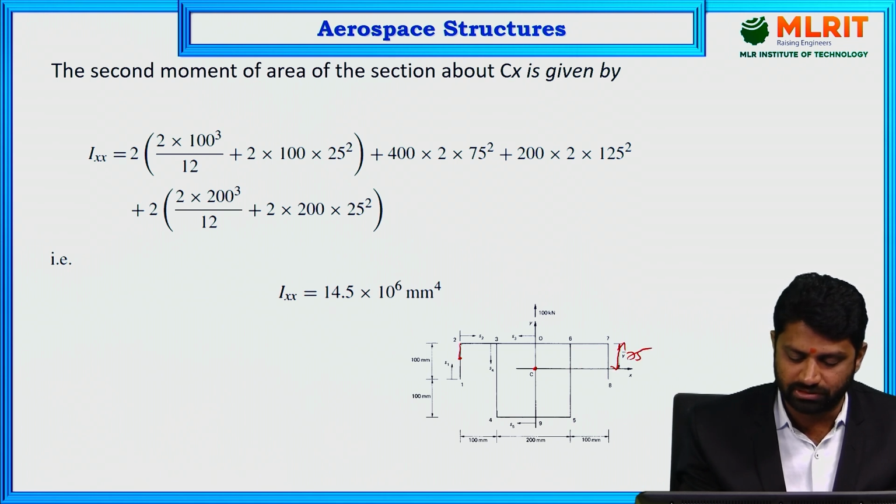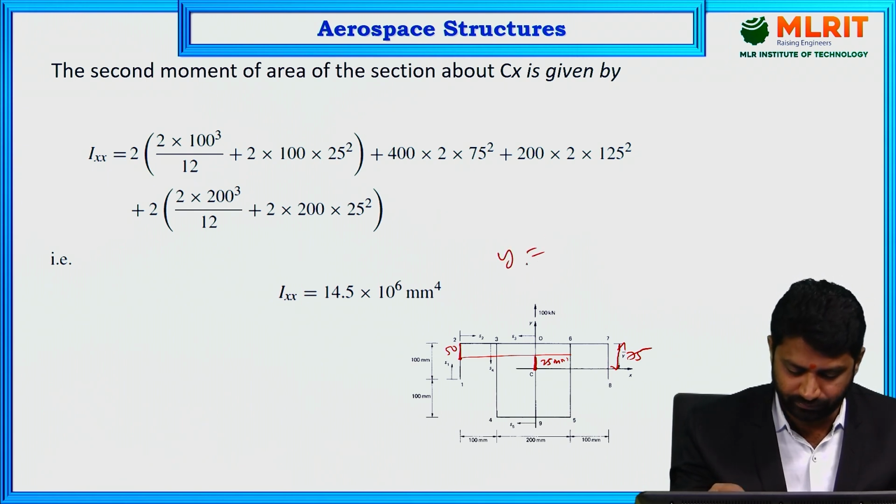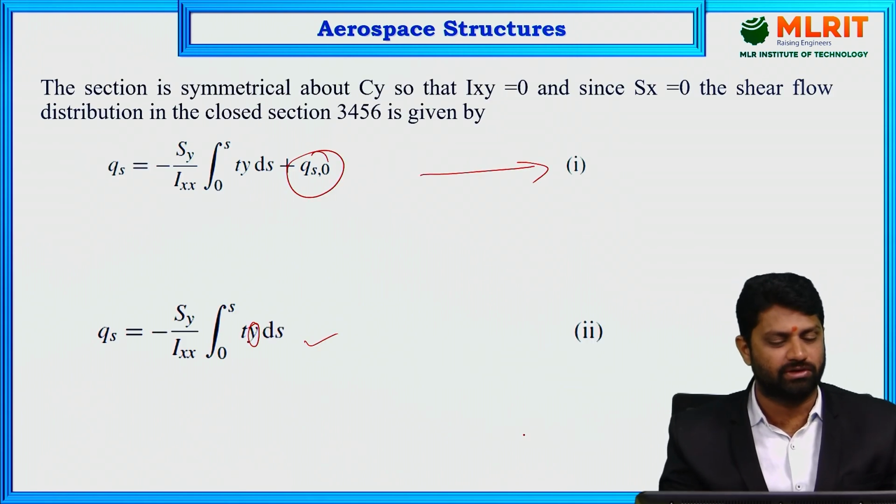So this is 50 mm, and the difference from here to here is 25 mm. So for Y you have to substitute 25 minus S1.